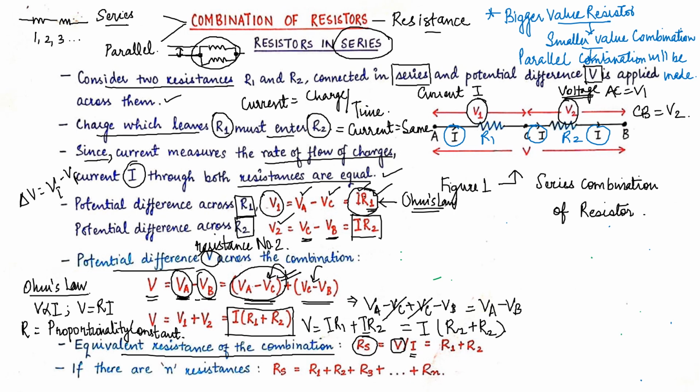See, we have resistance in series equals potential of the combination divided by the current of the combination.